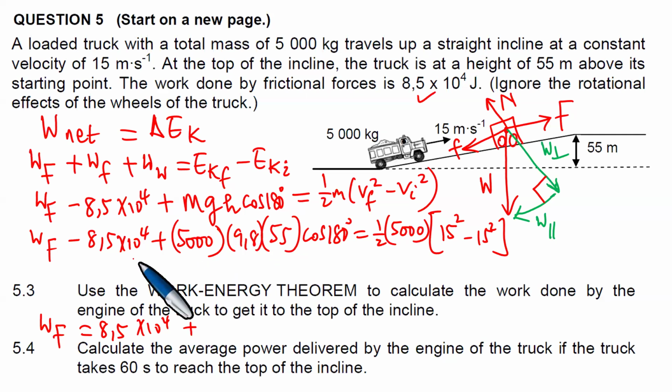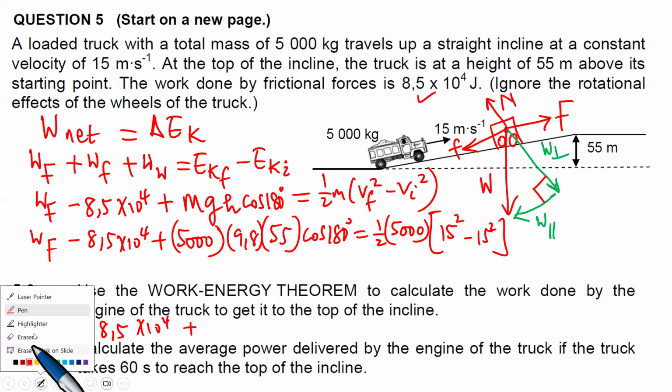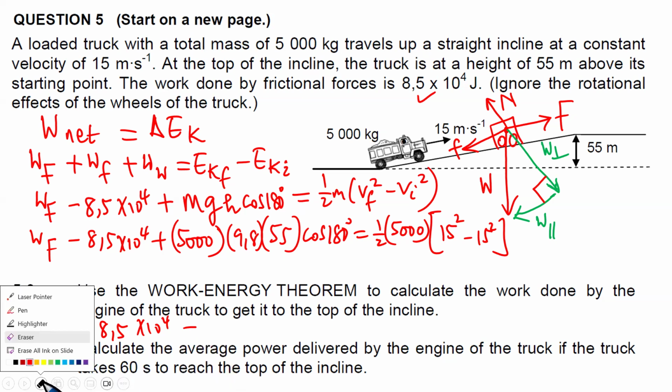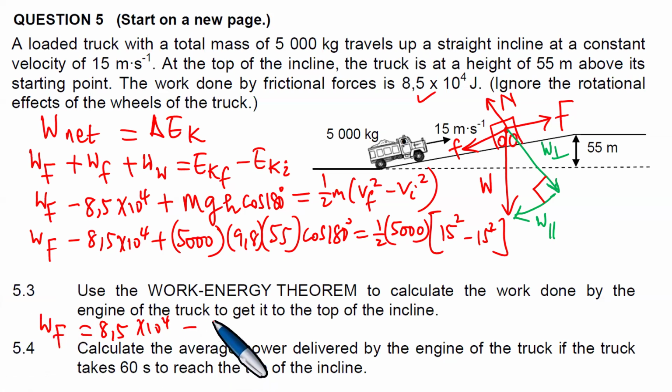Okay, then we subtract this one. Right, so you can put a minus here. So you subtract, therefore, 5,000 times 9,8 times 55 times cosine 180 degrees.